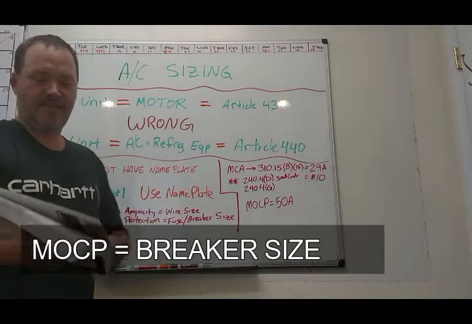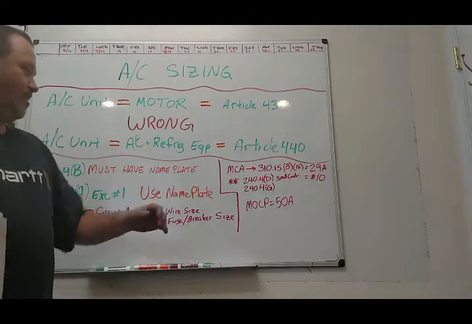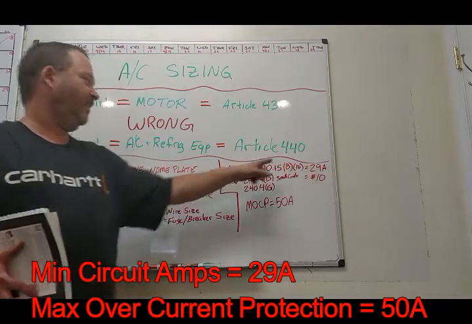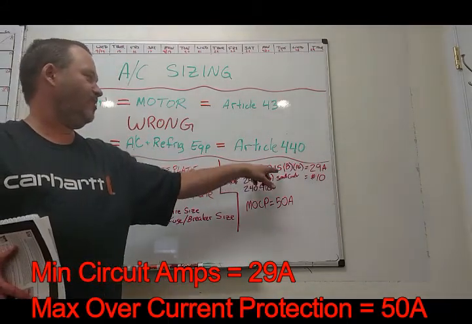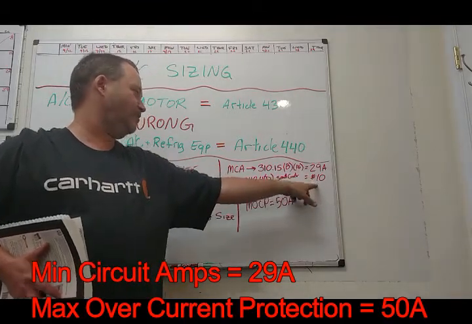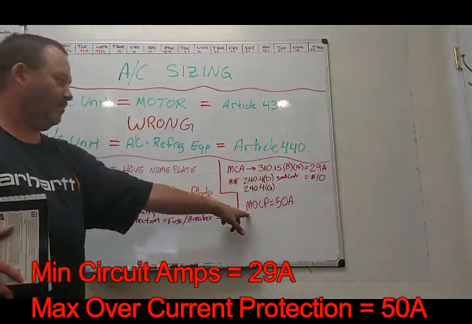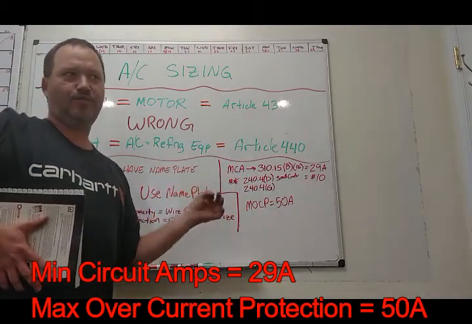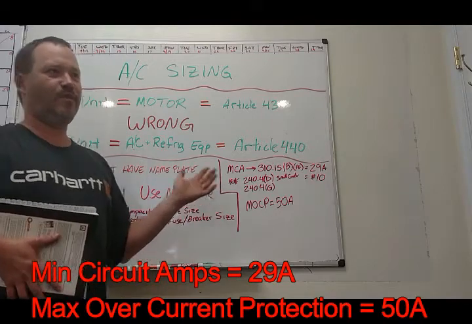Okay, right now in the electrician layer, we are looking at one that has 29 amps for the minimum circuit ampacity. For the minimum circuit amps, you go to Table 310.15(B)(16). That tells you 29 amps using number 10. The max overcurrent protection on theirs actually says max fuse 50, max circuit breaker 50.